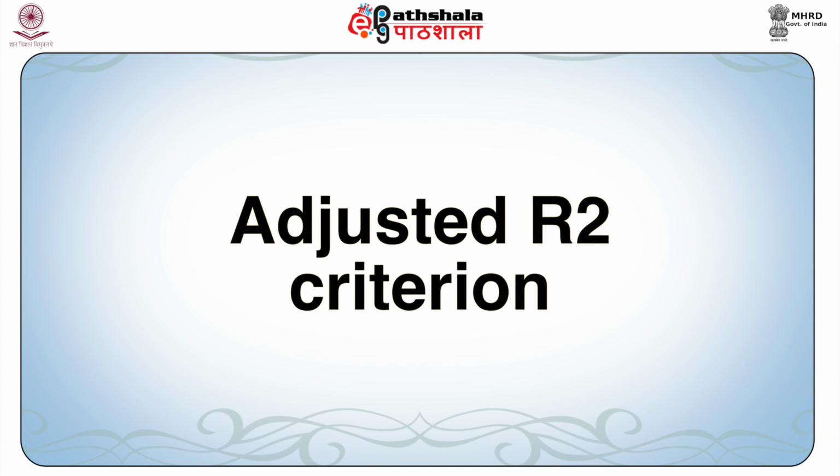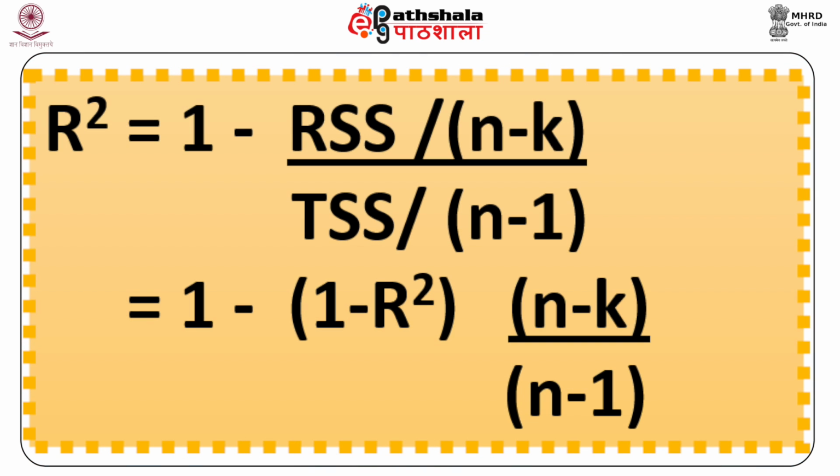Adjusted R-square criterion. Although the R-square criterion does not impose any penalty for adding more variables, the adjusted R-square does so. It is defined as adjusted R-square, R bar square, is equal to 1 minus residual sum of squares divided by n minus k, divided by total sum of squares divided by n minus 1, which is 1 minus (1 minus R square) into (n minus 1) divided by (n minus k).